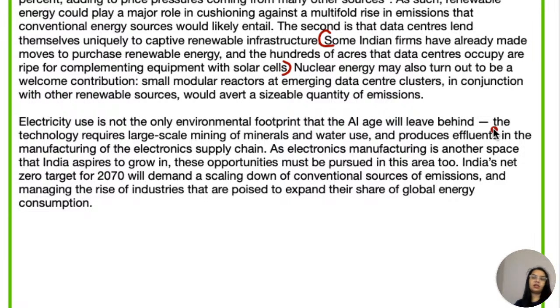Tense and voice. Which tense, and if it is active or passive voice.